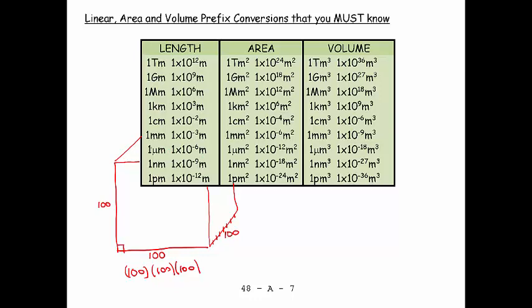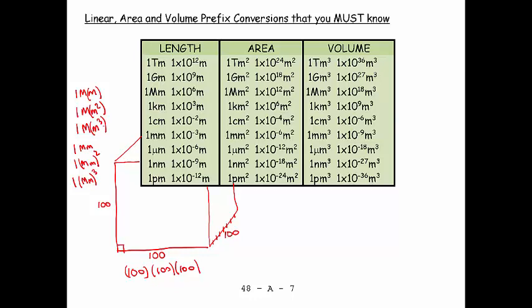So again, let me emphasize this. When I say 1 megameter, 1 megameter squared and 1 megameter cubed, it's not 1 megameter, 1 megameter squared and 1 megameter cubed with the prefix applied to meters squared or meters cubed.